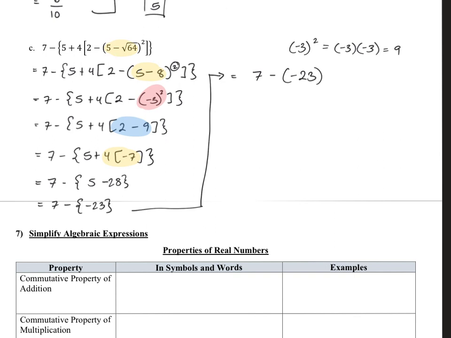We have those double negatives hanging out once again, and we're left with 7 plus 23, which is going to be 30. And our answer is 30. Whew! A lot of work, but we got it done.